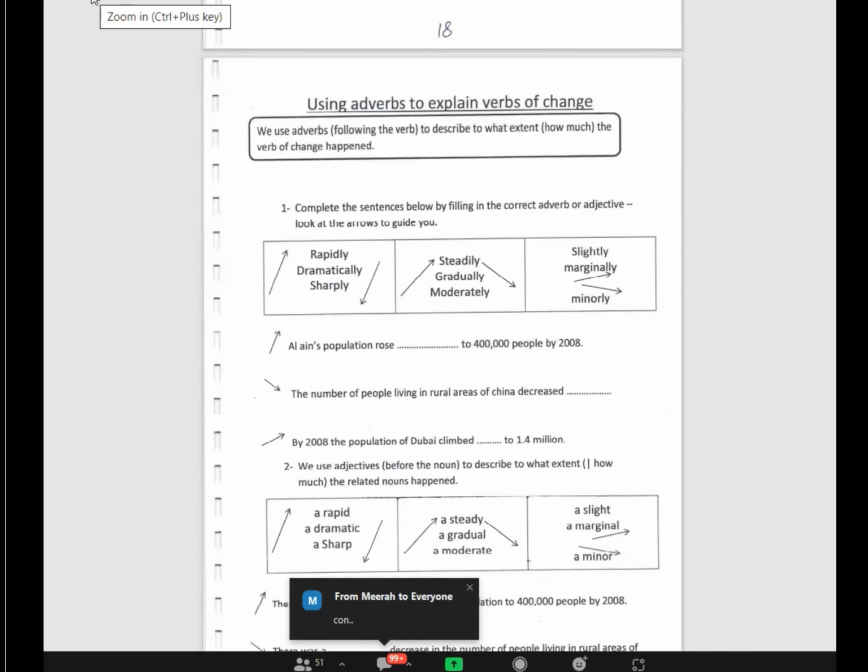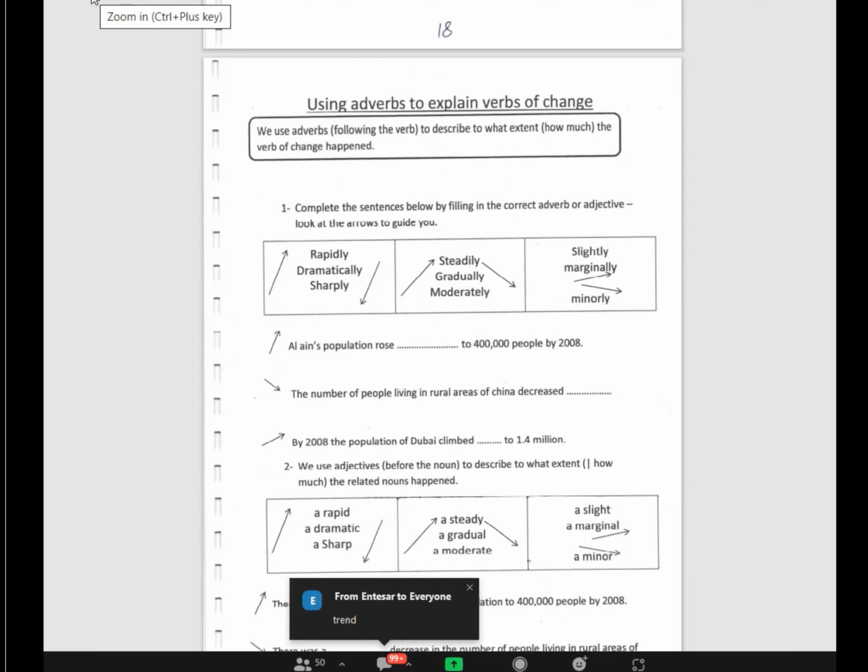Okay, what do we do in the introduction of the report? We paraphrase the question, or we rewrite the question. Very good. What do we do in the overview paragraph or overview sentence? We mention the trend. Very good. The biggest thing that attracts us.